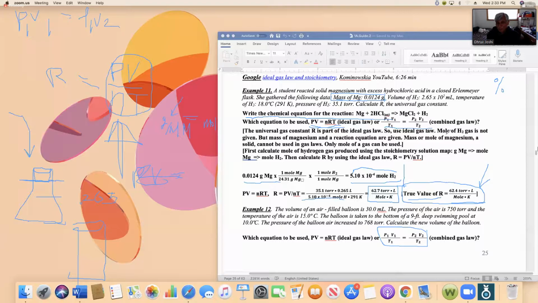That's the other way to look at it. If you want to find the universal gas constant, of course, you are not going to use the combined gas law because there is no R in it. So we don't have any choice. Thus, we are going to convert grams of magnesium to moles of hydrogen first, and then plug in the values. All the values are given here, and then we get the answer.